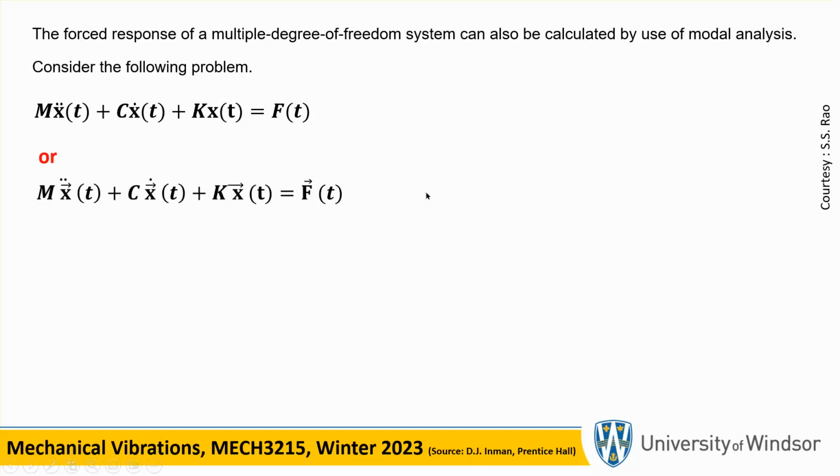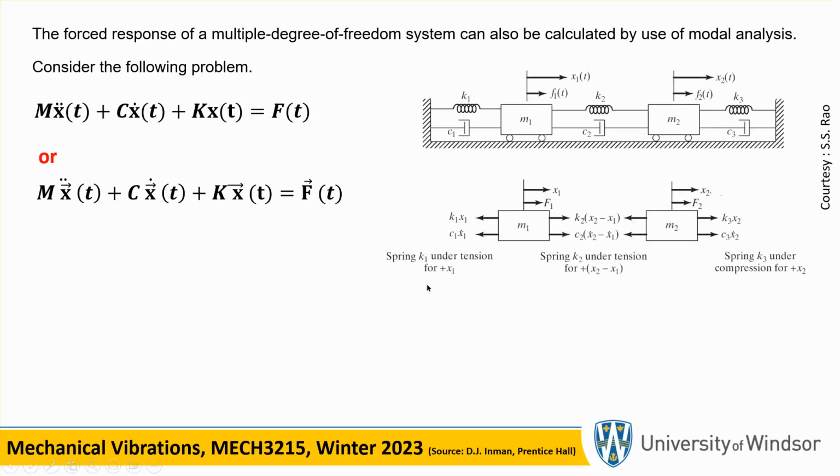Diagonalize, decouple. So remember, you can write this in vector form if you want. Doesn't matter. And obviously, getting this equation is important. Why is that the case? You go back to a single degree of freedom, look at the free body diagram, mass times acceleration, etc., and you get this equation.